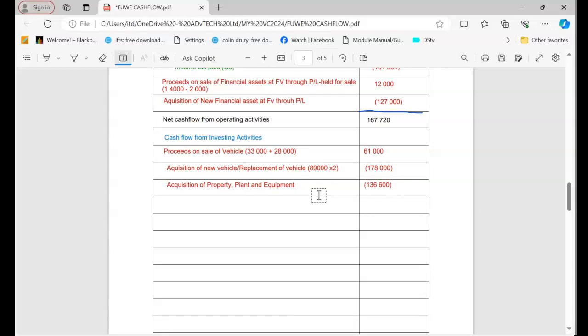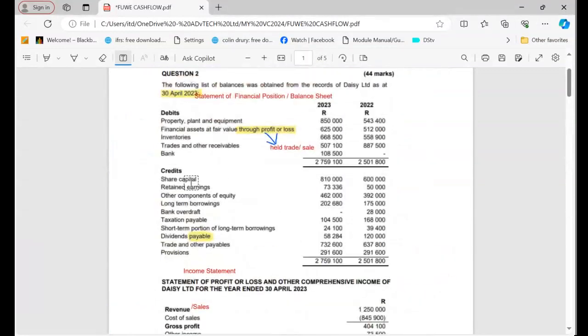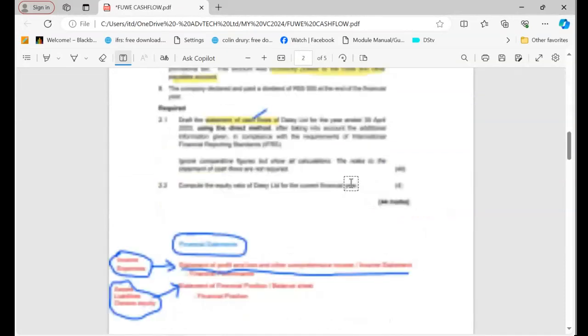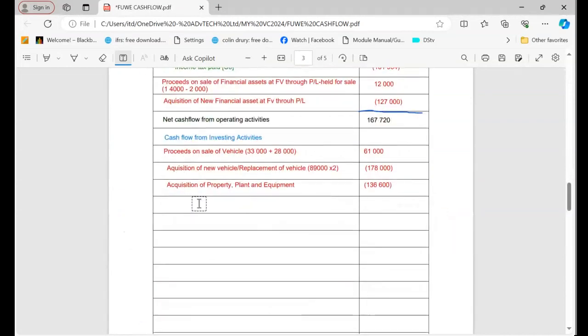And if you don't have info, that investment will be here. You just compare from year one to year two and check whether it increased. If it increased, that is the acquisition. Does that make sense? So investment in future, you'll put it here, but we don't have it at the moment. I think we have had everything that we wanted.